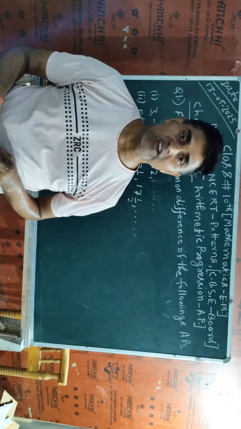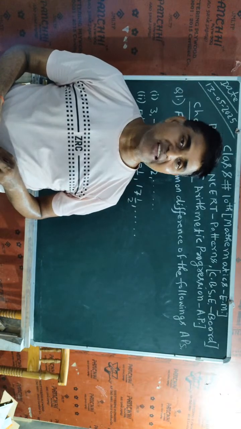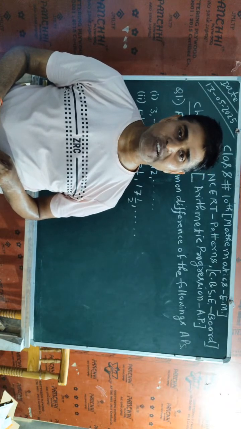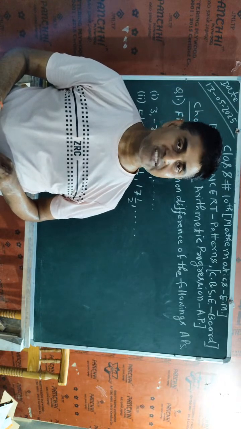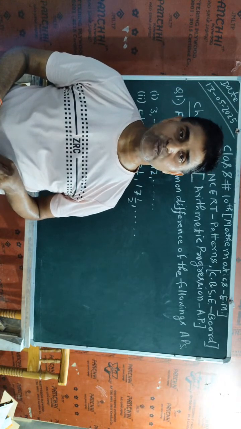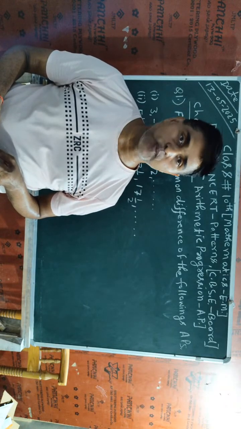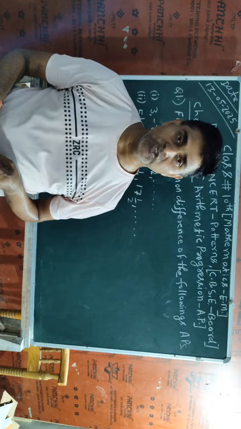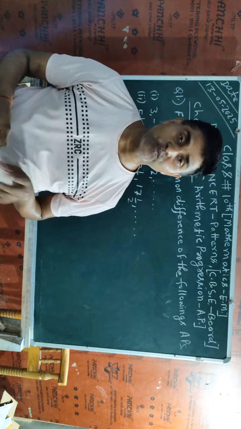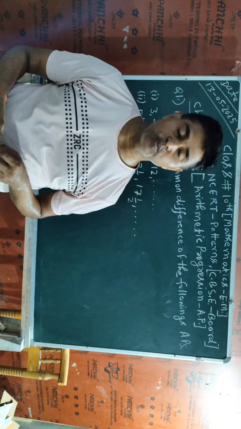That fixed number is called the common difference of the sequence. The common difference can be positive, negative or zero.